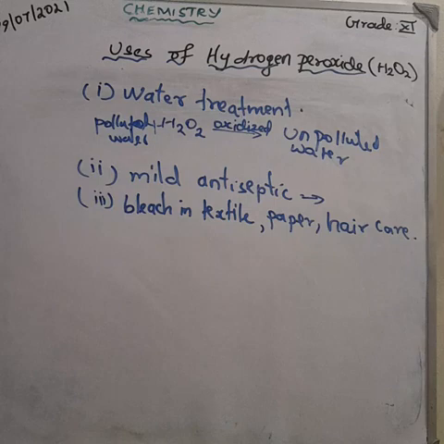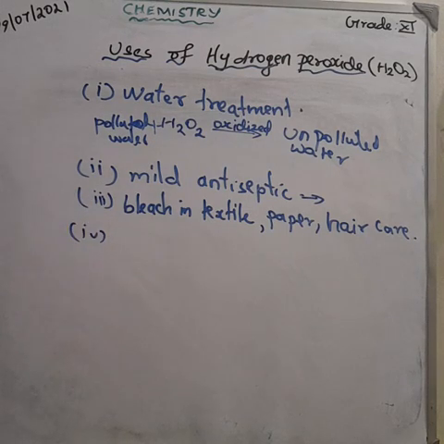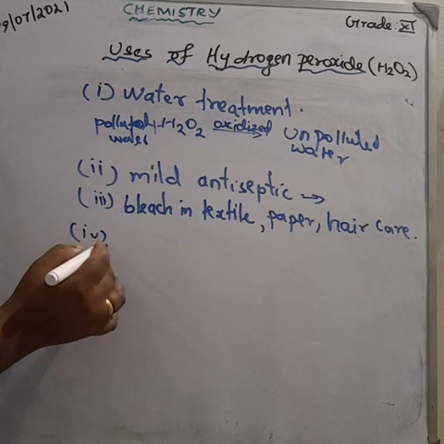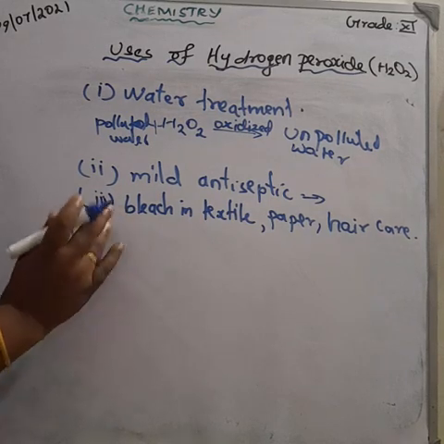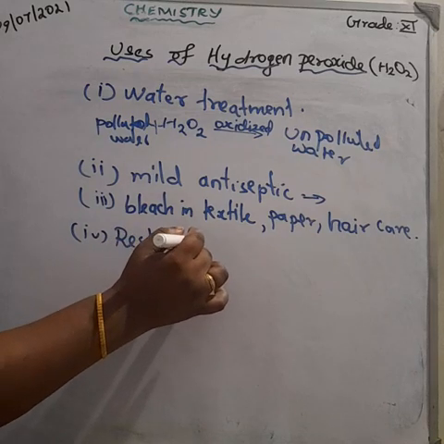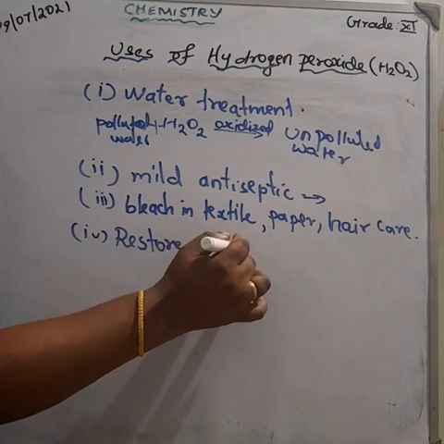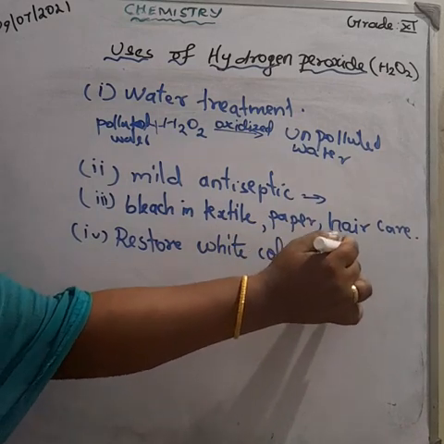Another use: hydrogen peroxide is used to restore the white color of old paintings. How is it used to restore the white color?